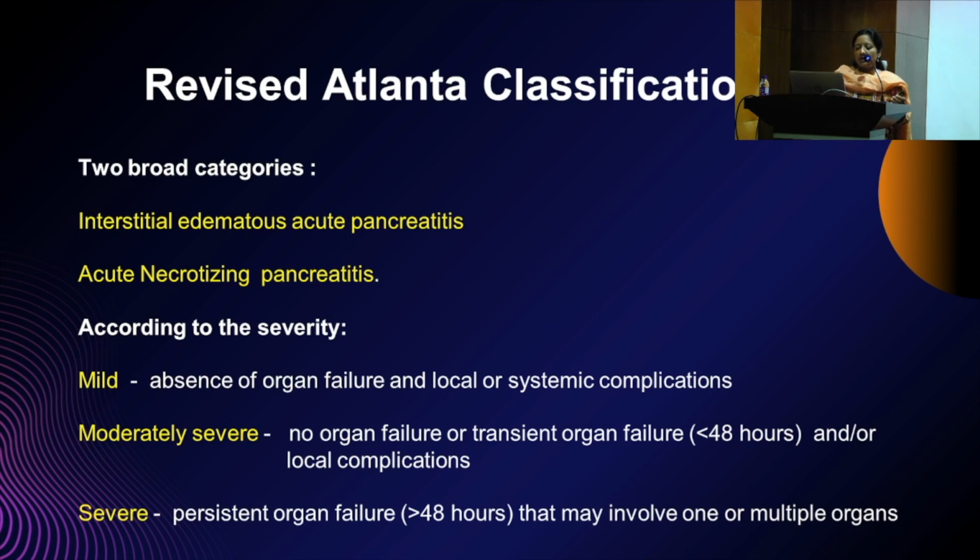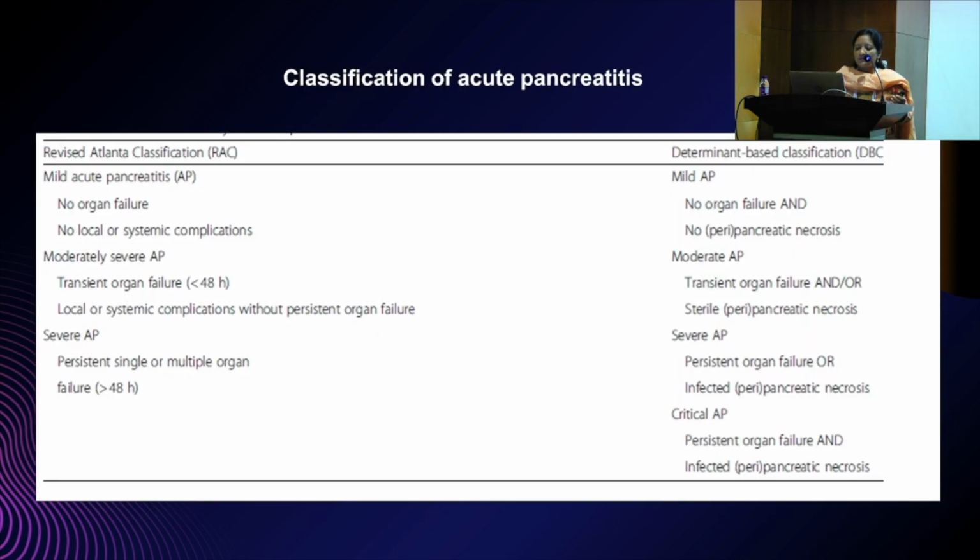Moderately severe and severe are the ones whom we have to watch for ICU care. There are various other classifications, one of them being the determinant-based classification, but most often we use the Atlanta classification. As we've seen, mild disease doesn't present with any major organ failures, moderately severe will have transient organ failure of less than 48 hours, and severe will have persistent organ failure or worsening symptoms. This is how we classify.